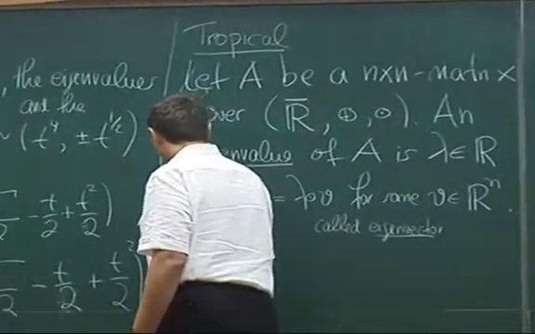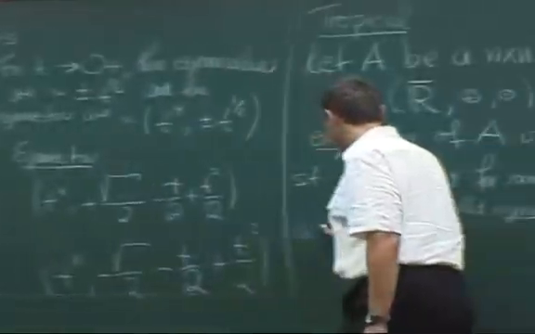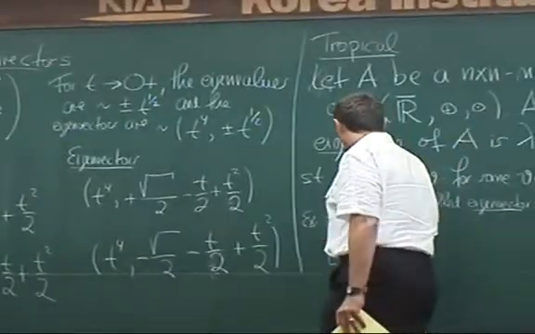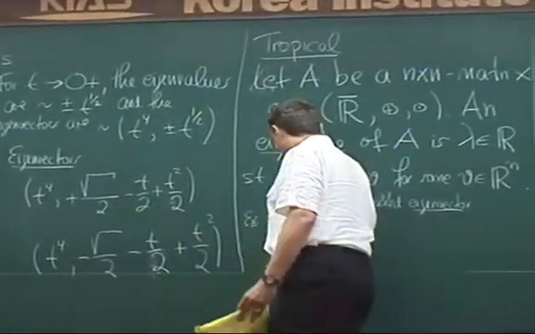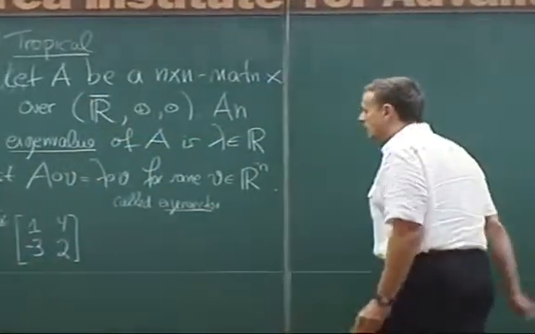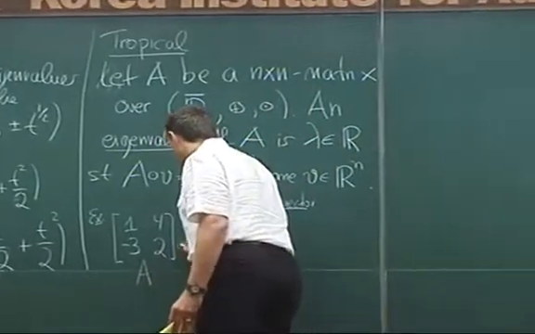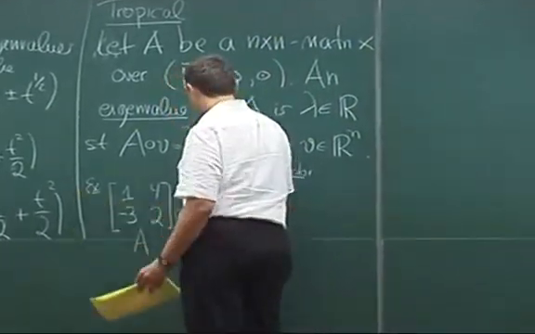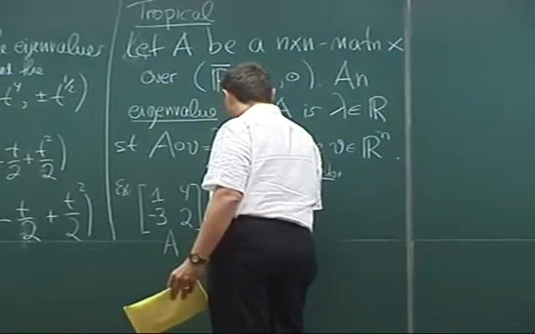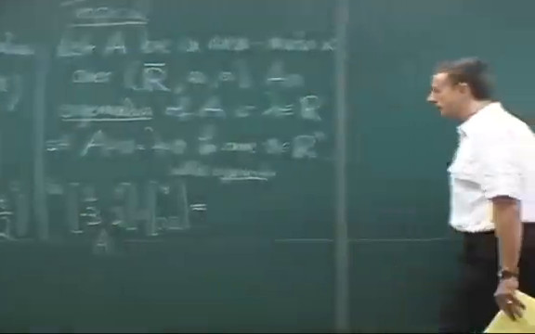So for an example, let's take this matrix and tropicalize it. We just take the exponents: 1, 4, minus 3, 2. Those are always the order of vanishing. That's our matrix A. And let's try the vector V, 4 and a half, 0.5, which is suggested by the values of the eigenvectors.